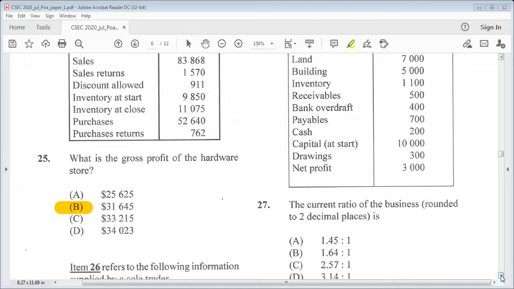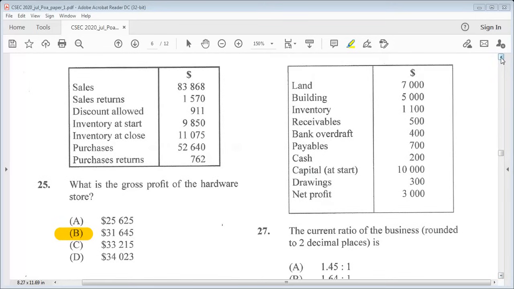so what's the formula to calculate current ratio? We know it is current assets divided by current liabilities. So we have to find out our total current assets.